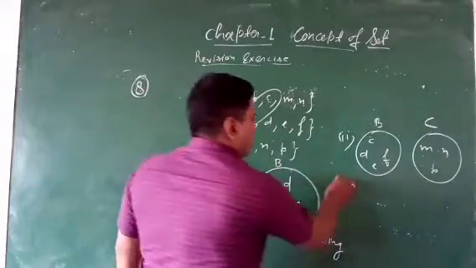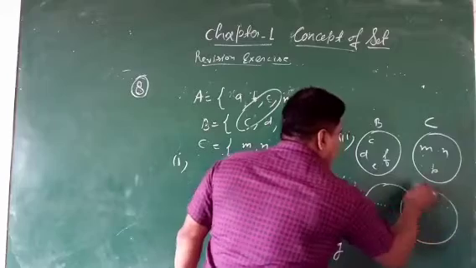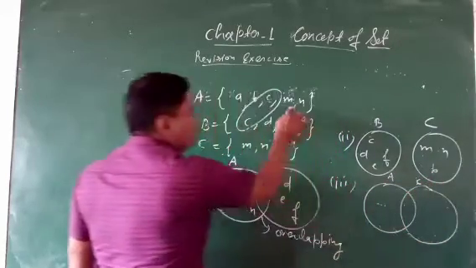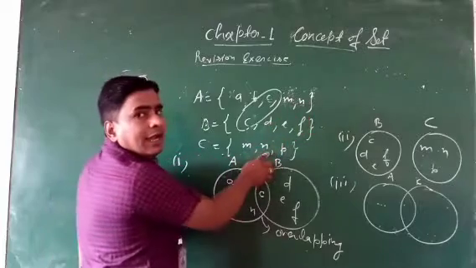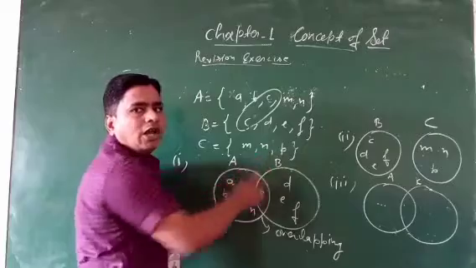Venn diagram for the third one, A and C. Two elements are common, M and N. In both sets only two elements are common.